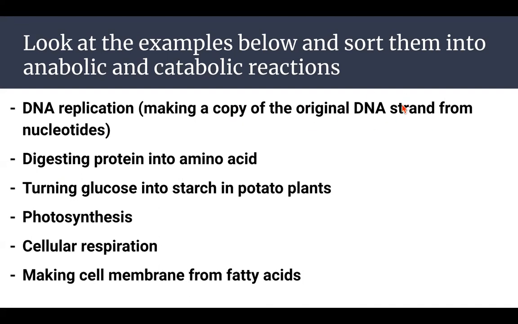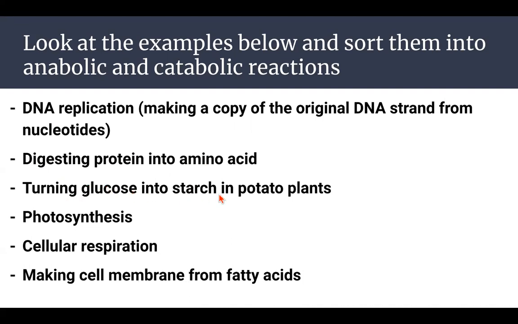So DNA strand is a polymer, it's very long. Nucleotides are monomers. So if you're building that, that means it's an anabolic reaction. Digesting protein into amino acid. Protein is a polymer. Amino acid is a monomer that builds protein. So this is breaking protein down, meaning that it's a catabolic reaction.